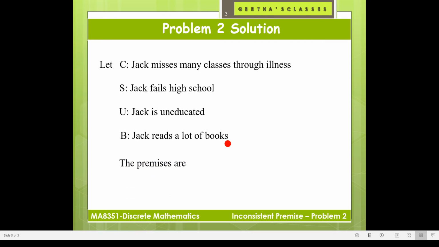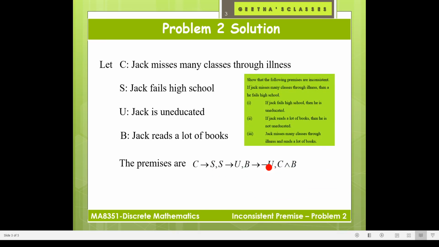Now we are going to write the premises using the given statements of the problem, and check them.